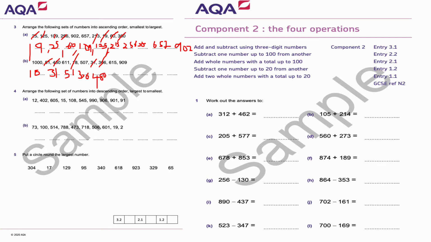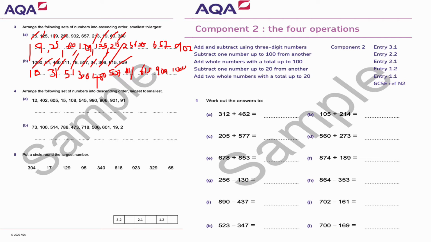Then 507. Cross off 507. Then 611, then 615, then 909, and then 1000. Sorry if I've not written it exactly on the dotted lines, but hopefully you can see the numbers.